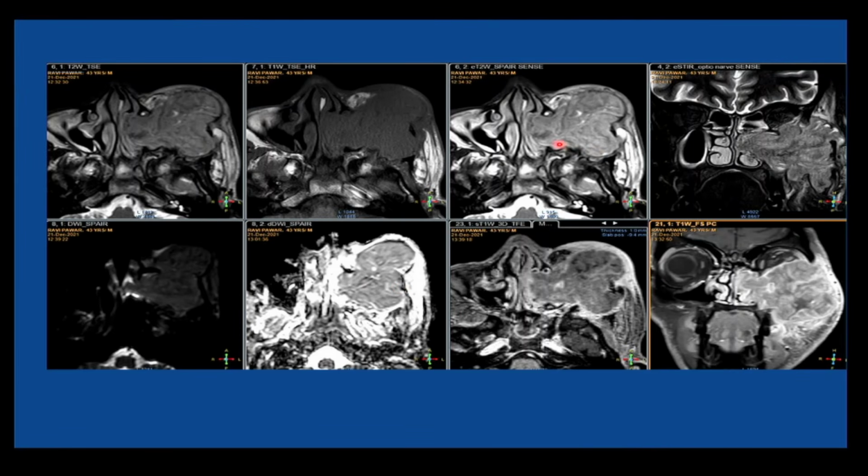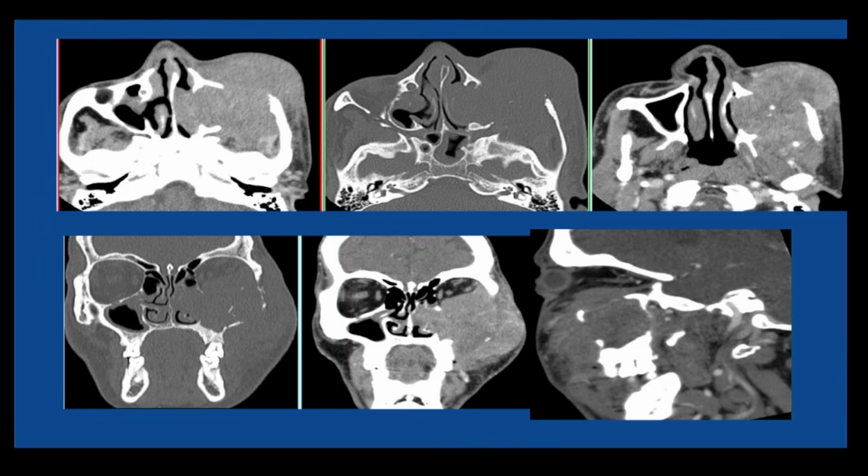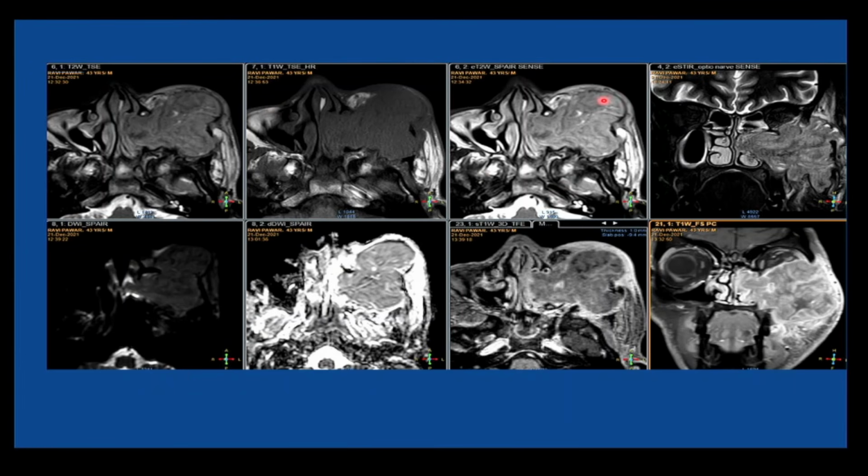But it did have a cribriform pattern. Look at this, correct? This is the cribriform pattern. Here also. And MR tells you, on CT we don't know whether there is any fluid component, but MR tells you that everything is soft tissue and there is no fluid.